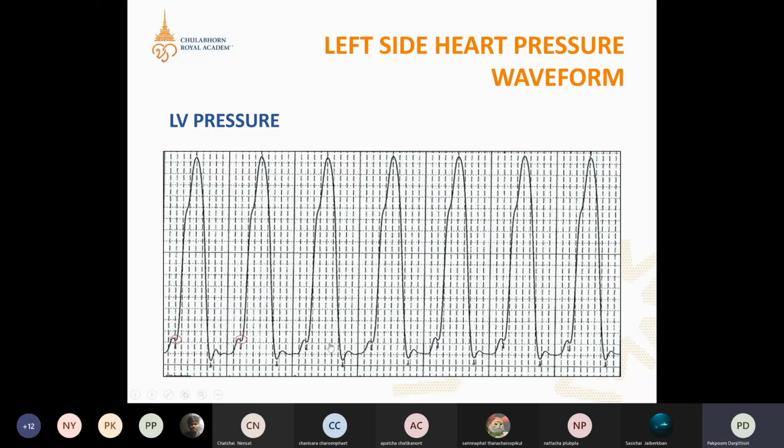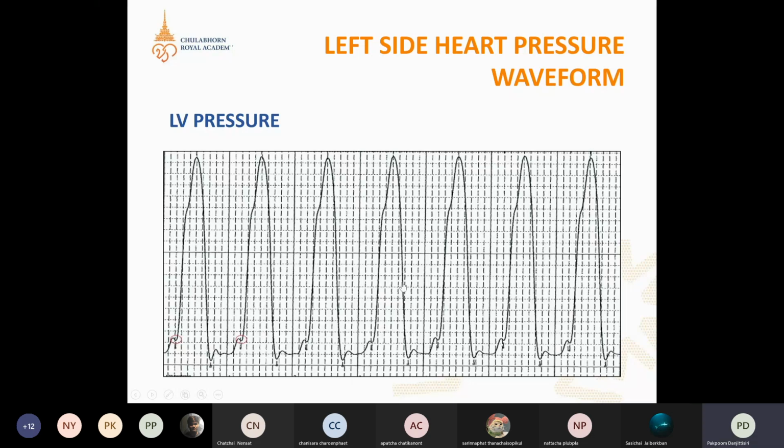So that's why the diastolic pressure of the LV is quite low, almost close to the baseline of the scale over here.